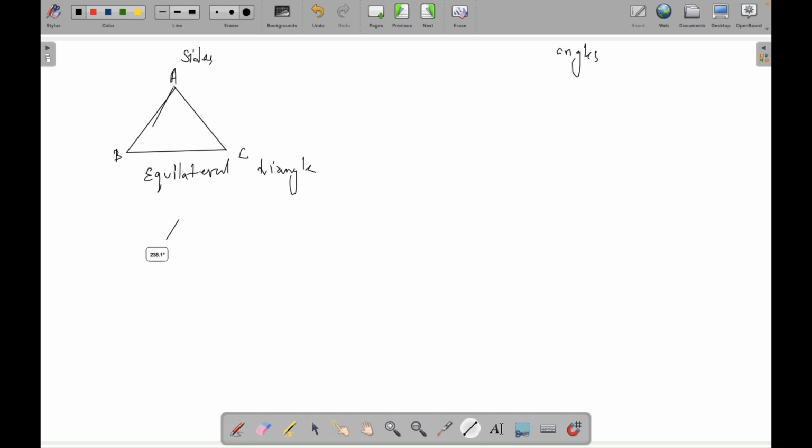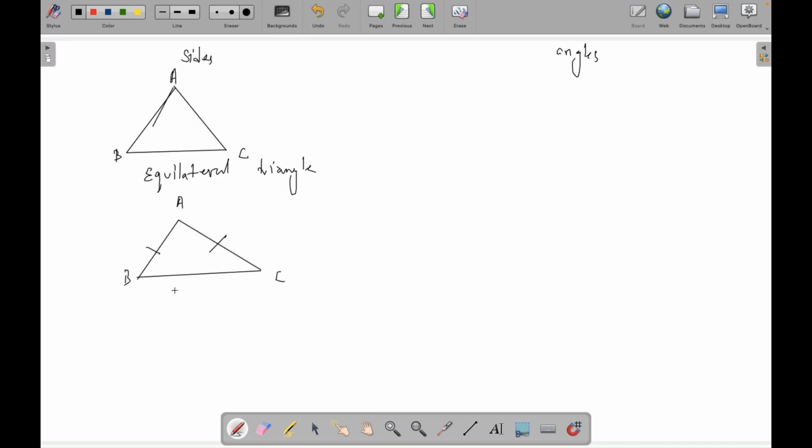The second type of triangle is when you have only two sides equal and the third side is not equal. Say this side A, B, C. For example, this side and this side are equal, and this side is not equal.